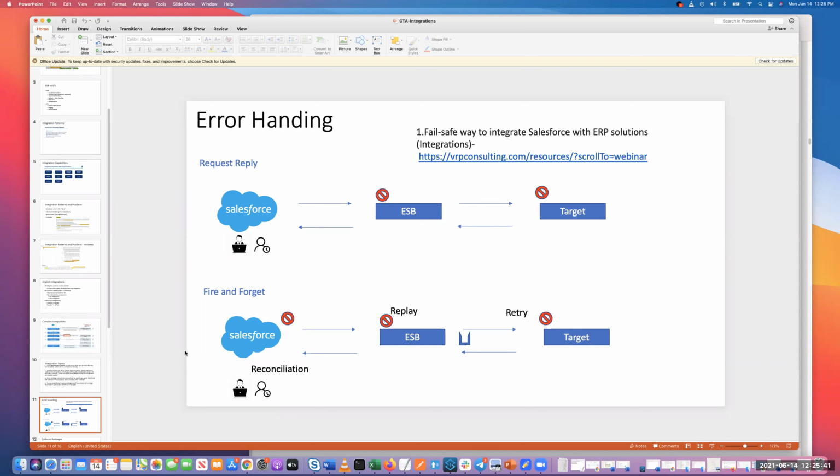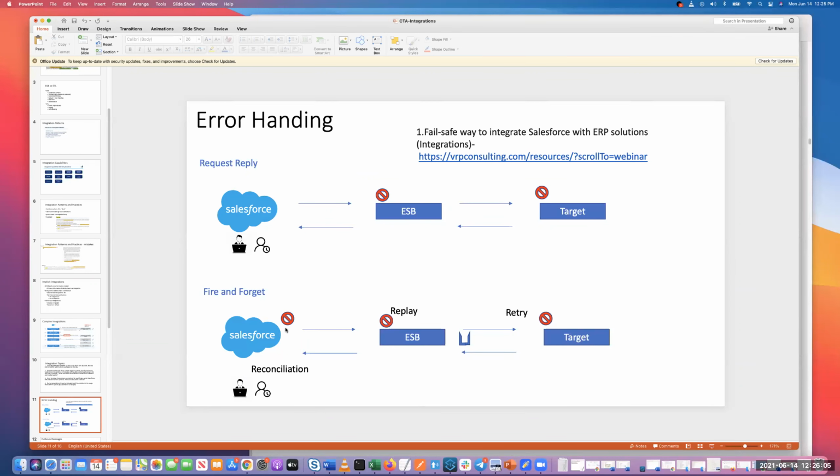So you have to inform the user very graciously, right? As I said, a chatter post. A chatter post could be subscribed to in different ways. So make sure you think about not just the technical part of it, but from a user point of view, how the user is going to be informed when there are failures, right?